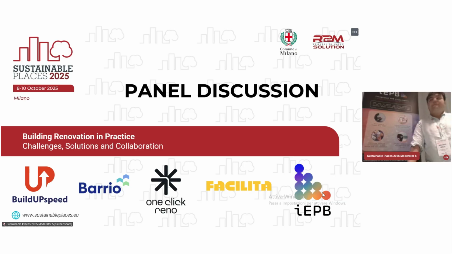In fact, we are also collaborating with iEPB in defining the renovation passport structure. But we also have another data model in OneClickReno. When I think of the iEPB format and our data model, we are not as thorough as you are.